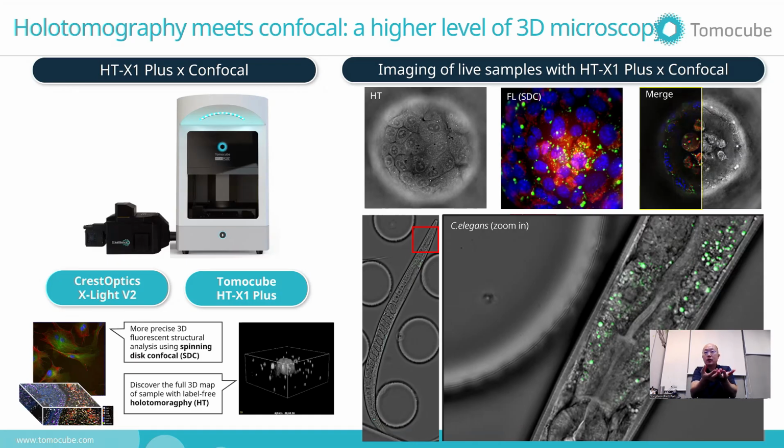We can do the same thing by combining HT and 3D fluorescence. You are watching here the three-dimensional shape of organoids observed using HT together with three-channel 3D fluorescence, so that we can do correlative imaging analysis.